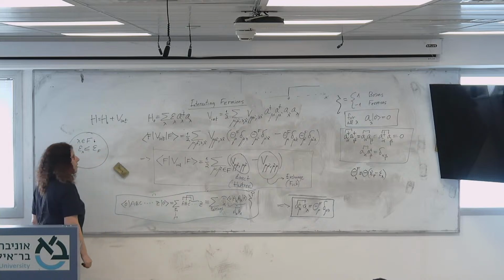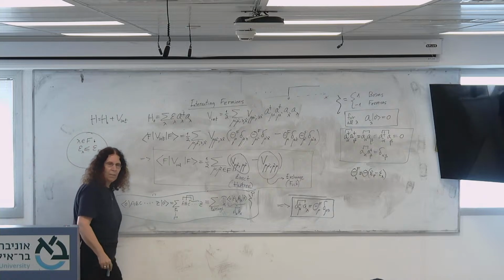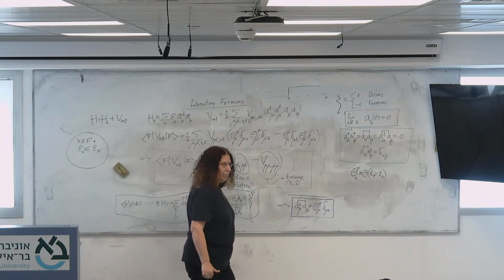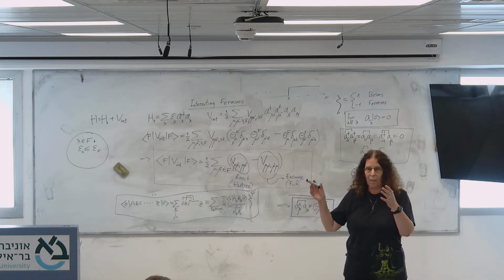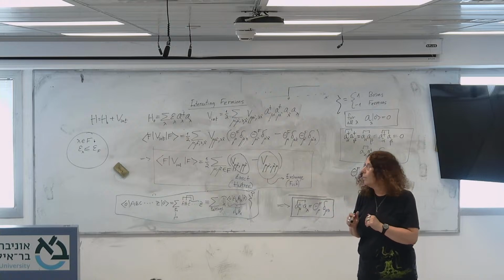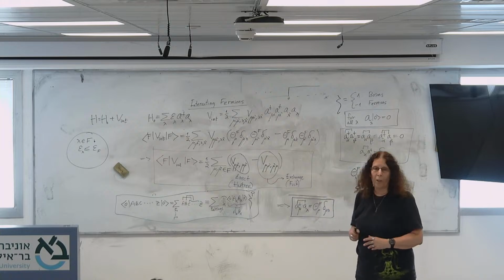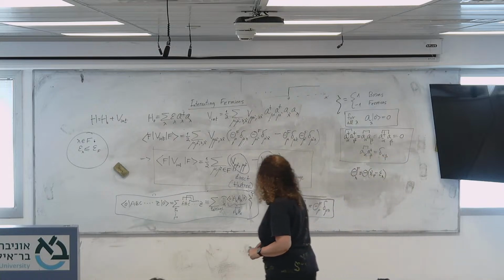There is another approach to get the same result, and that's to make the approximation not on the final result, on the expectation value, but on the Hamiltonian itself. Okay, and let me explain what I mean by this.